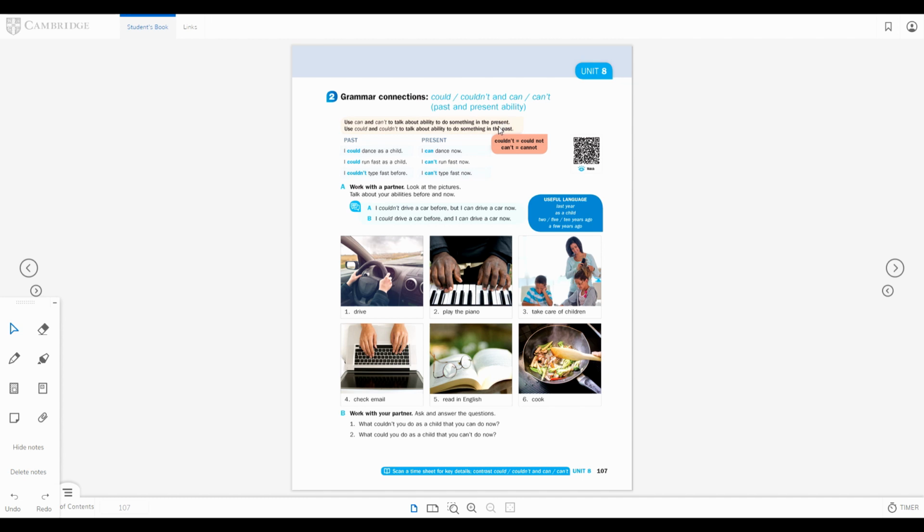So when you're talking about expressing the idea of ability, when you want to tell someone about something you know, or something you do, or something you don't know, or something you don't do, you use can and could. But can you use for present abilities, things you can do now, and could you use for things and abilities you did in the past.